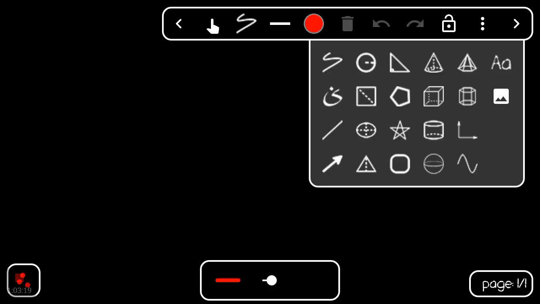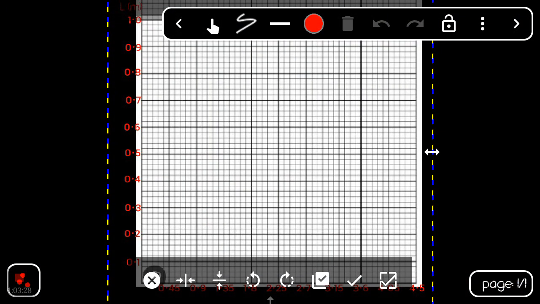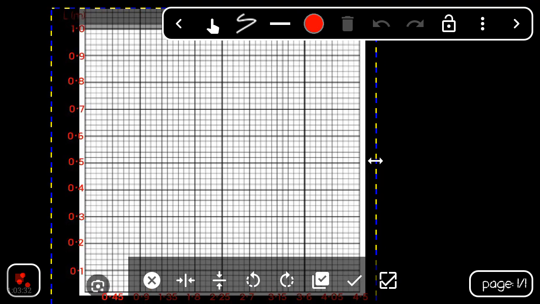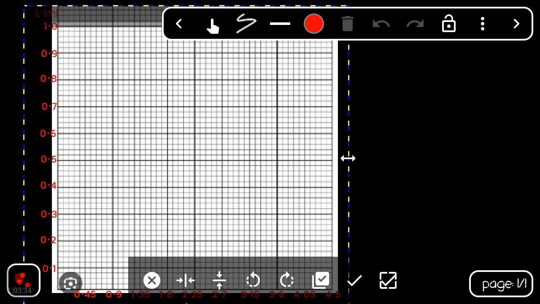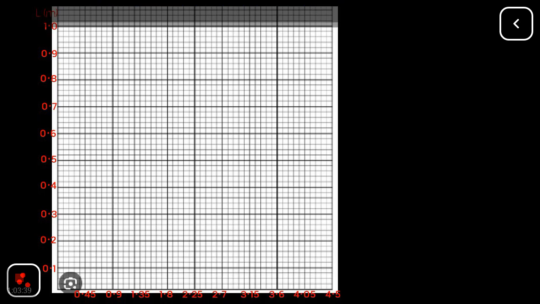I've already put the table of values, and when doing it, you indicate on the top of the graph the scales you're using. I don't have time for that one, that's why I didn't put anything for it. For this graph, the scale we are using for the x-axis is 0.1.